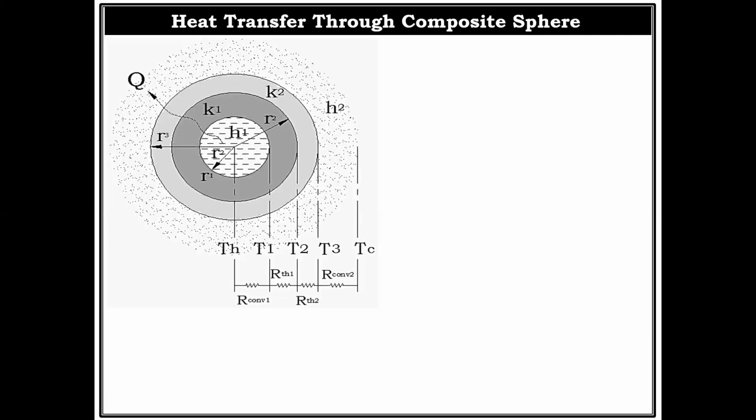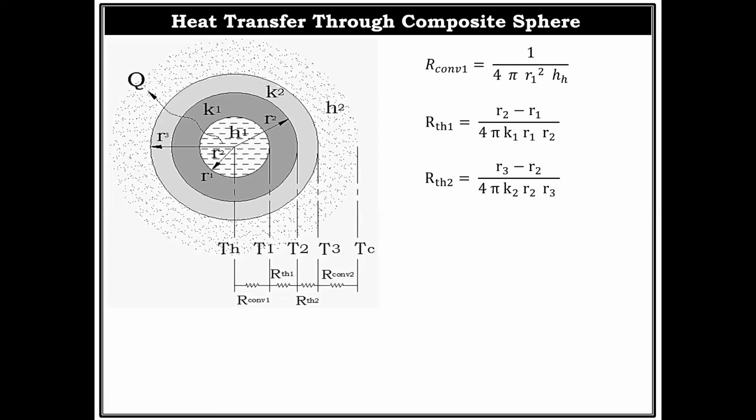So for this system, we get R convection 1, R thermal 1, R thermal 2, R convection 2. As per the electrical analogy, all resistances are in series, so the total resistance will be the simple addition of all these resistances. So R total becomes R convection 1 plus R thermal 1 plus R thermal 2 plus R convection 2.